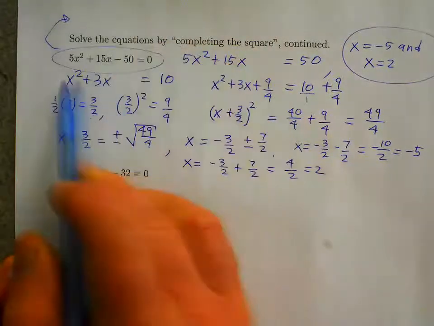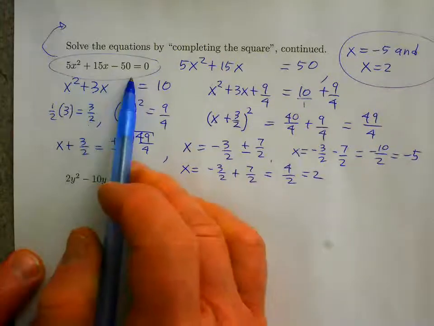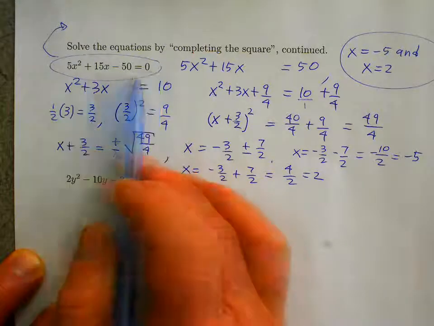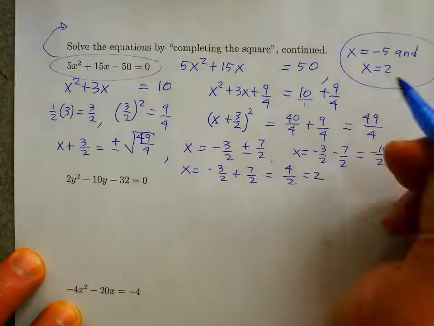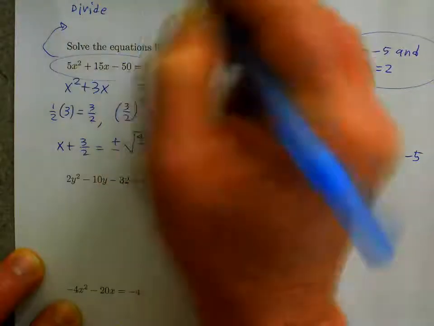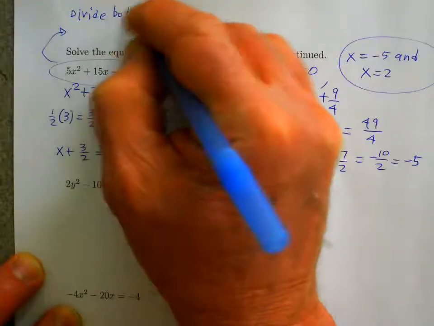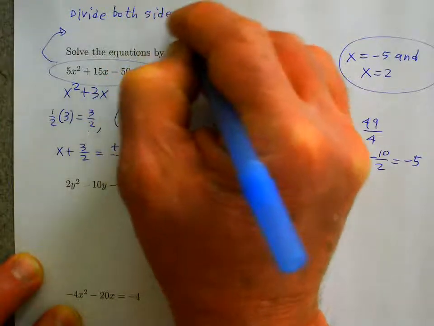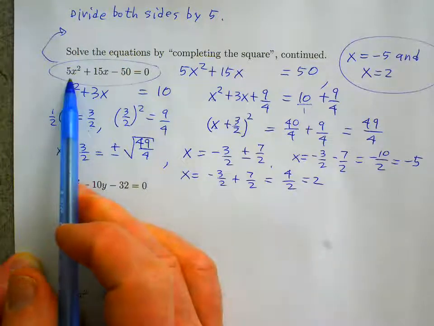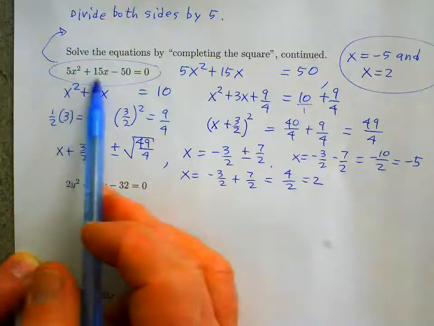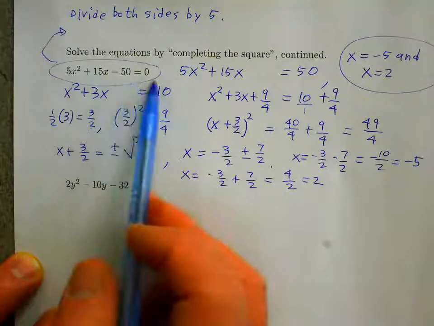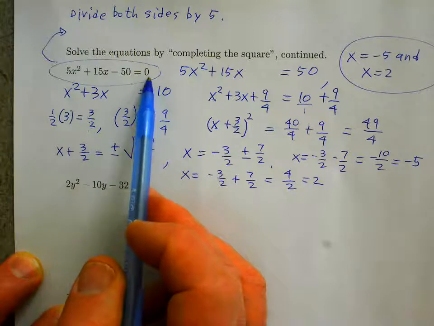So another method to solve this one that you know about: we can divide every term on both sides by 5 first. A motivation for doing that is the fact that every coefficient is a multiple of 5, and 0 divided by 5 is still 0.